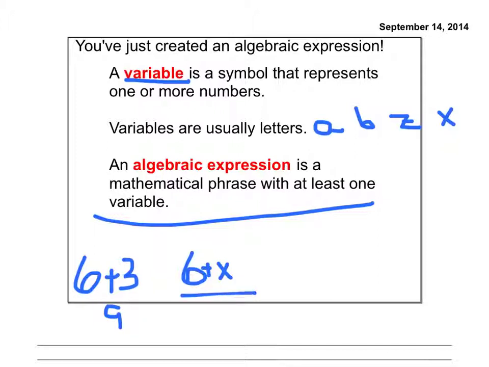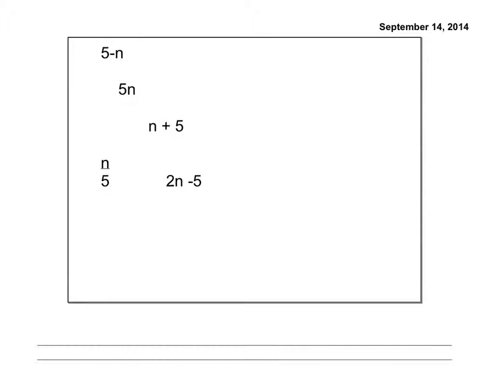So 6 plus X is an algebraic expression, because it contains something that you don't know what it is. 5 minus n is an algebraic expression. 5n, which means 5 times n, n over 5, which is n divided by 5, 2n minus 5, all these are algebraic expressions.